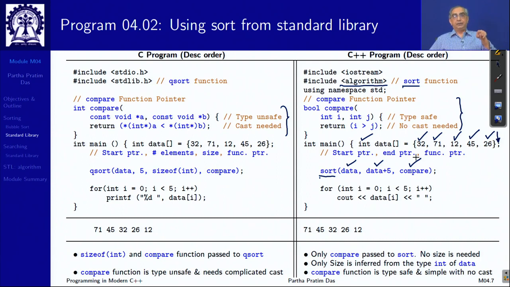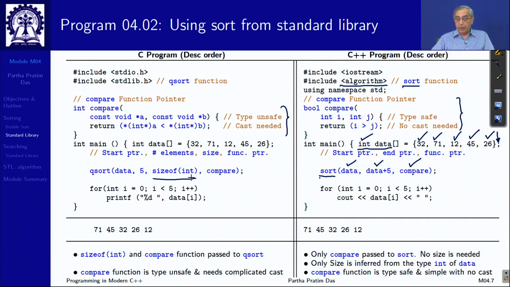When you use it for int type, which is known from the type of the data array that you have declared. Interestingly, if this were an array of double, the compiler will generate code for double. If it were for a user defined structure, the compiler will generate code for that user defined structure, wherein by the type you will know what is the size. So, it is not necessary to pass this third parameter which you require for the qsort.